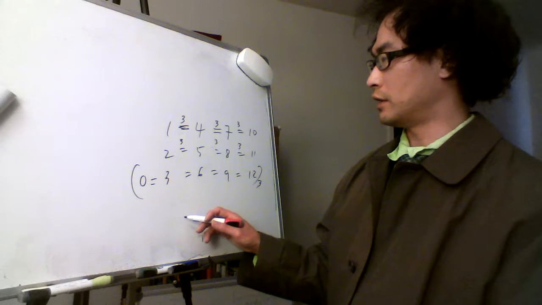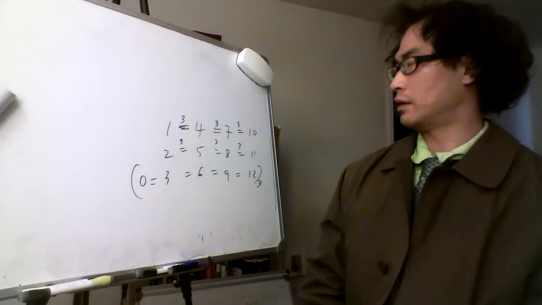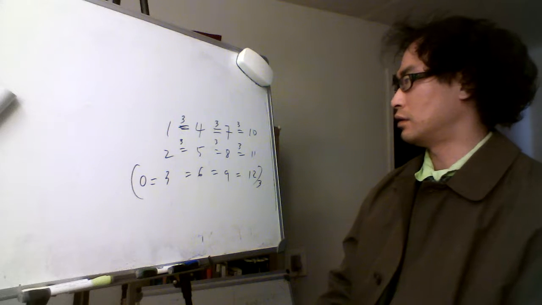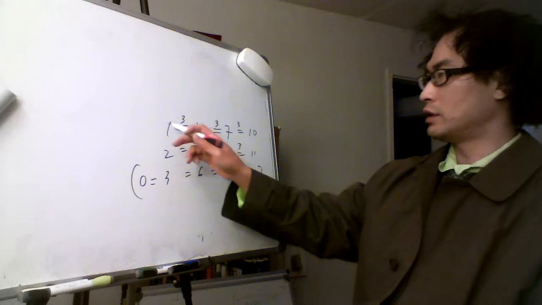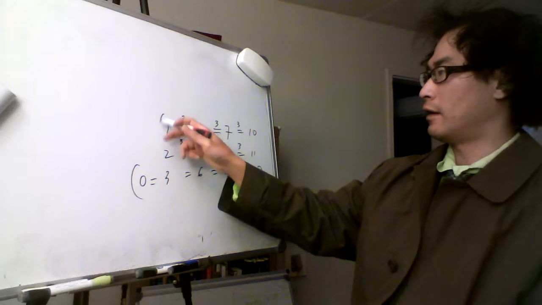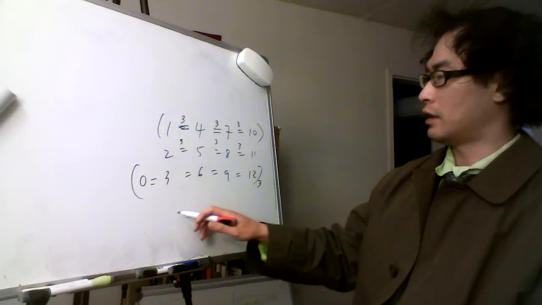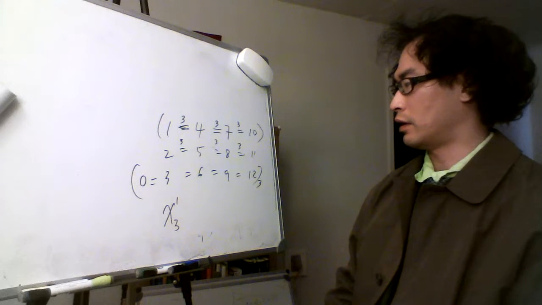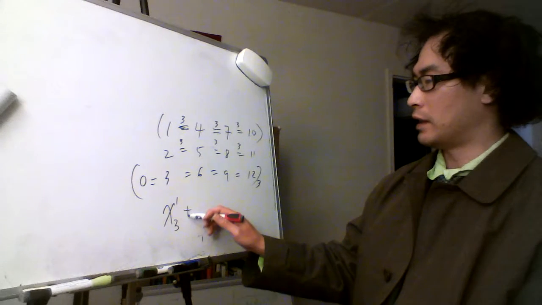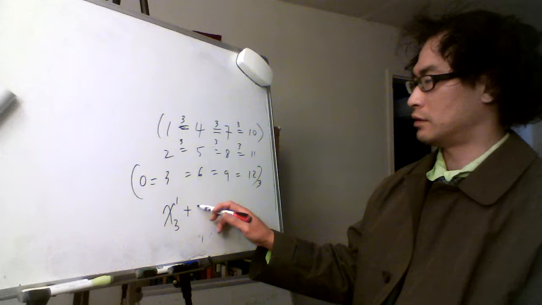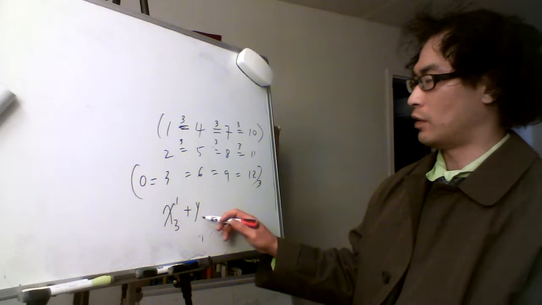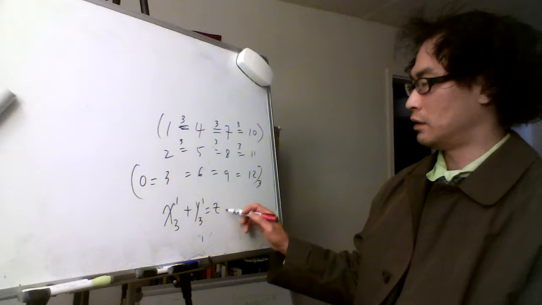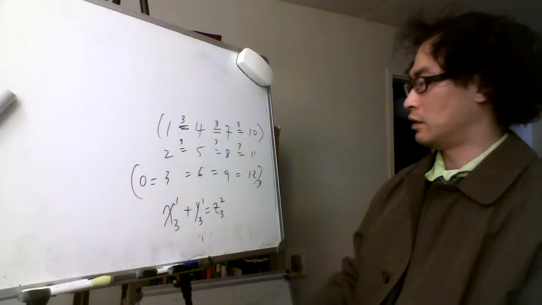Modulo algebra. We call this whole thing x base 3 remainder 1. And x base 3 plus some different number y base 3 remainder 1 becomes z base 3 remainder 2.